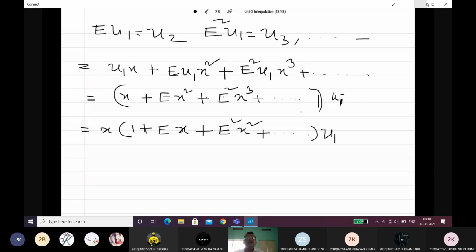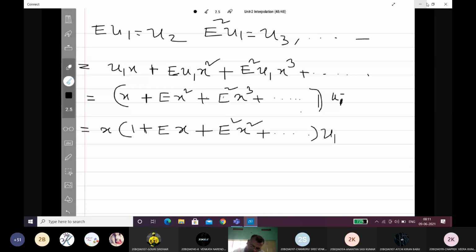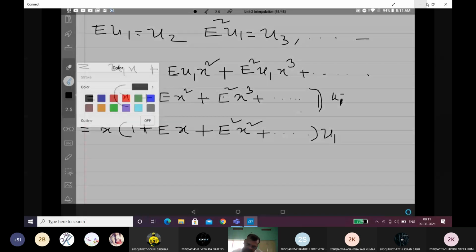Now again we have to observe that this is the expansion of (1 minus x) whole power minus 1. Now, note down that formula also for remembrance.